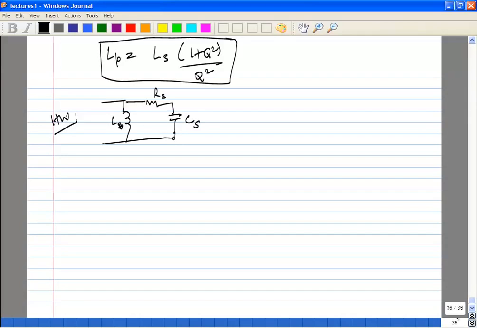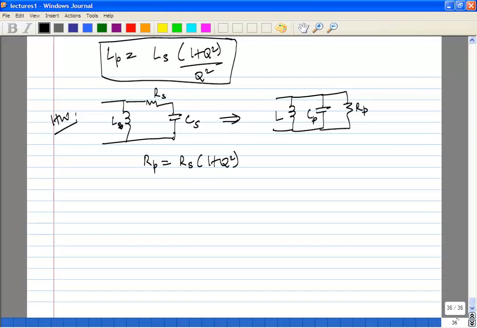Of course, we saw that nothing happened to the capacitance in the previous case. I want you to convert this to RP, CP, and L, right? I want you to convince yourself that RP is again RS times (1 + Q²).